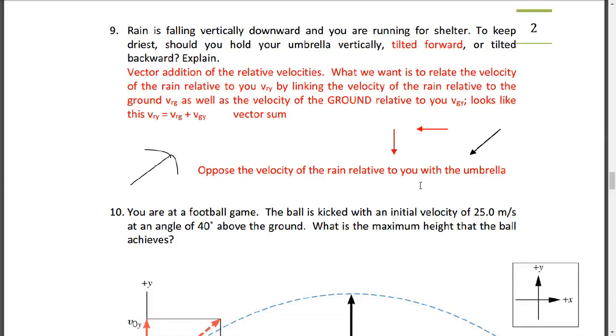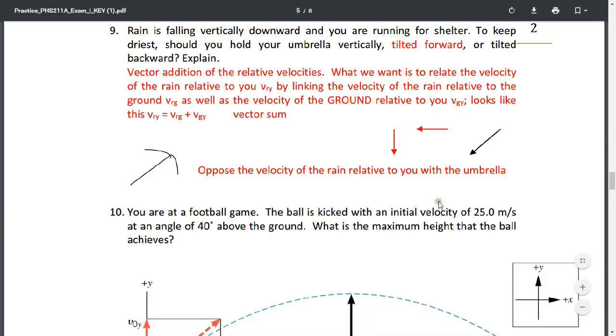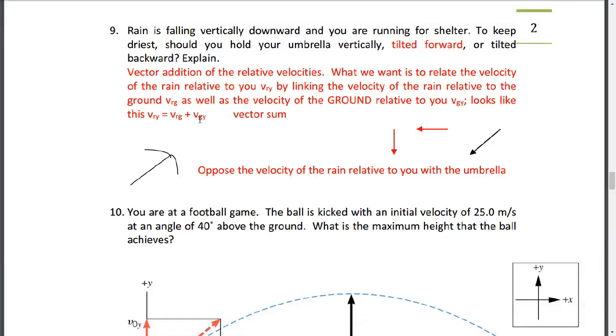So what we do when we do this vector sum, if we want to figure out the velocity of the rain relative to you, we're going to add up the velocity of the rain relative to the ground and the ground relative to you. It's kind of a weird concept, but the rain is falling down on you. Okay, I get that part. So the rain relative to the ground, the rain relative to you are both the rain's coming down. But as you're moving forward, it looks to your eyeballs that the ground is moving backwards, right?